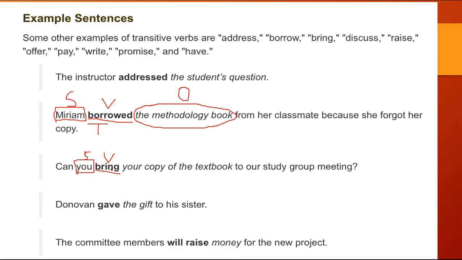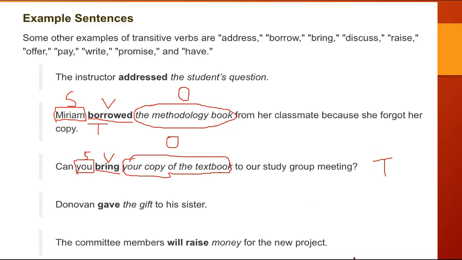And do we have an object? What can you bring? Your copy of the textbook. So, which type of verb is this one? Transitive. Exactly.